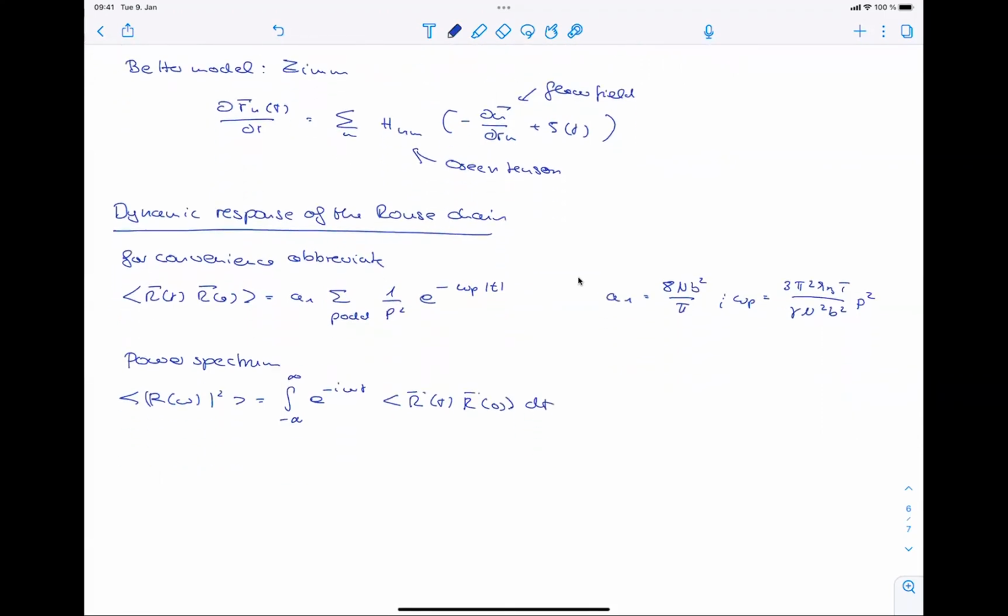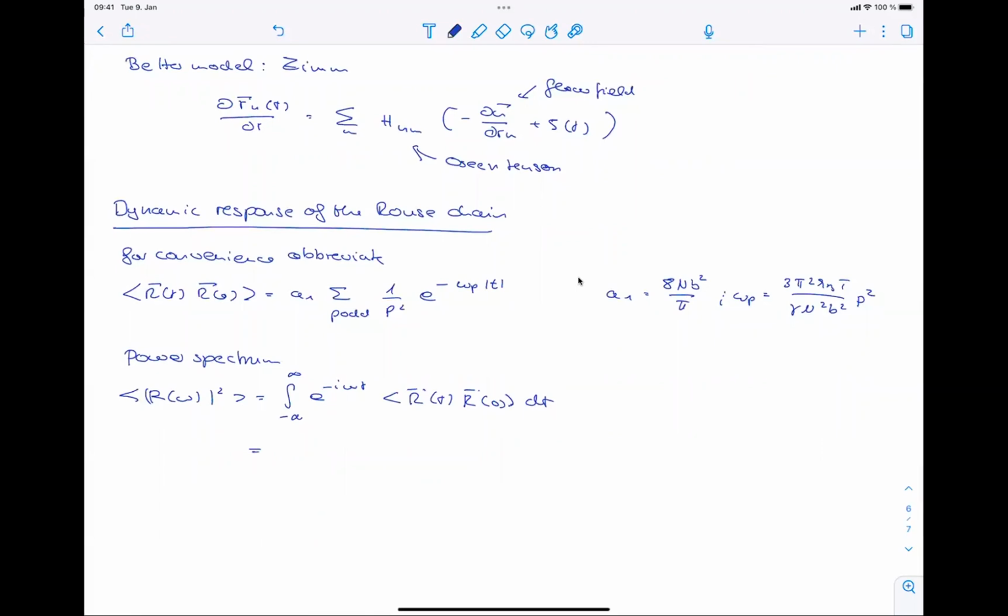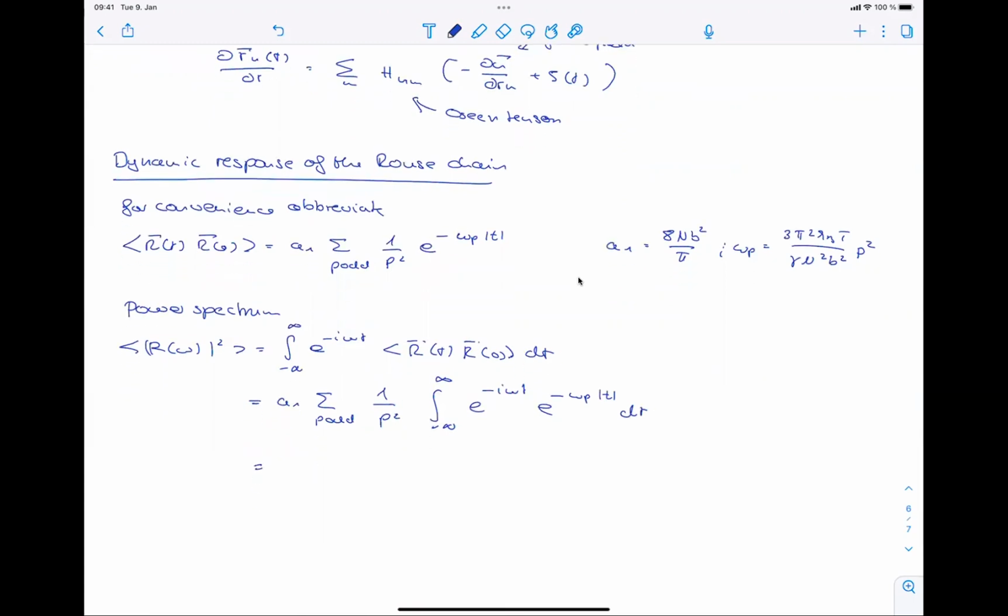And so if you plug this in, what we have there is then A1 sum over all odd p of 1 over p squared, integral from minus infinity of e to the minus i omega t e to the minus omega p t dt. And then solving this integral on the right, we get 2 A1 sum over p odd.